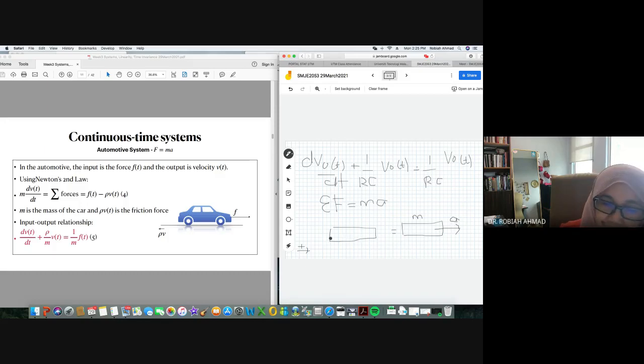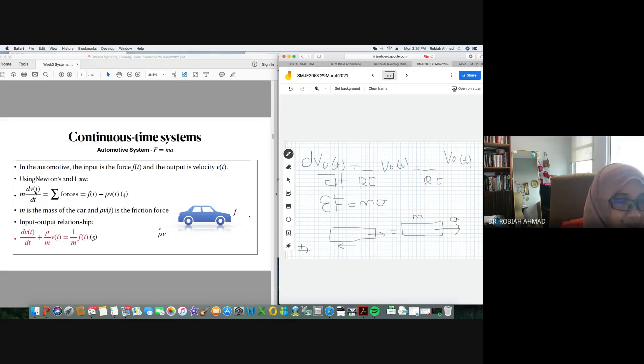If you look at this body itself, in this case the car, the forces consist of the force F as well as the friction. Friction is usually opposite to the direction of the motion, so here the friction points this way and our motion is towards the right. There are actually a lot more forces, for example weight and normal force, but in this case we look at the x-axis.